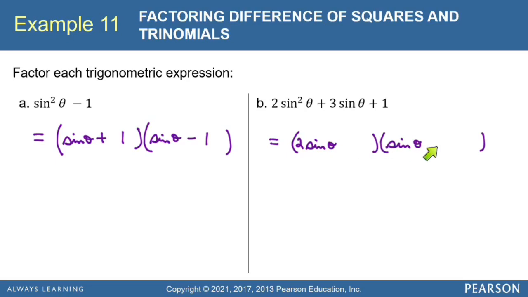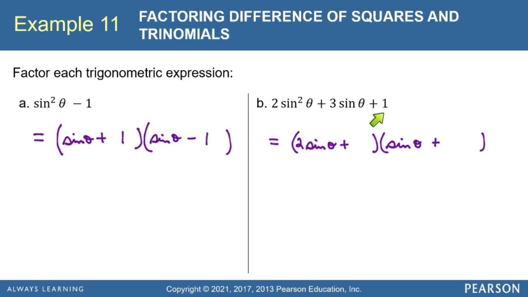Negative times negative would make a positive last term, and positive times positive would make a positive last term. So how do we decide which one to use? Well, the sign of the middle term will tell us. So the middle term is positive, so that means that we're going to want 2 plus signs there. That's going to give us a positive middle term and also a positive last term.